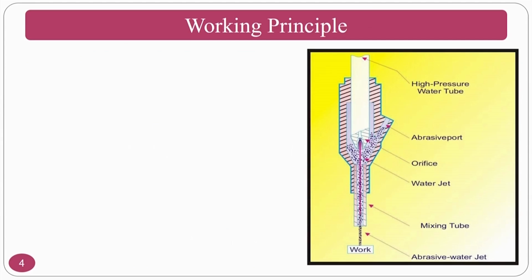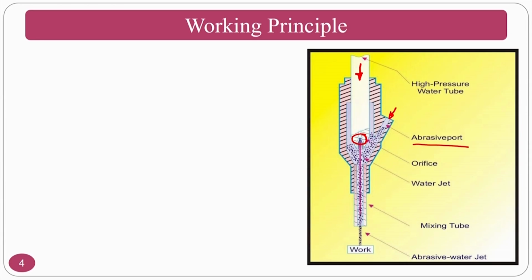This is how abrasive water jet machining looks in the machining region. There will be an abrasive port, that means abrasives are fed here, and high pressure water will be fed from this particular place, and both will mix. At the exit, water is coming out, and this is called the orifice.